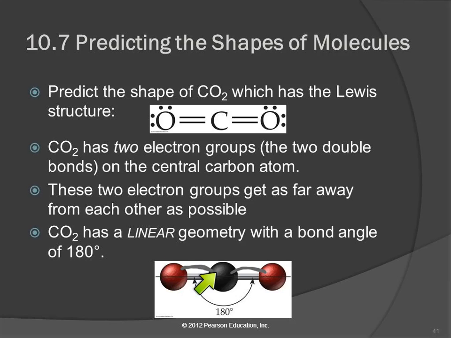So we have one group here, and we have one group here, and they're going to get as far away from each other as possible, which is going to be on opposite sides of the central atom. One way you could think of this is that this is you and this is your ex-significant other who just turned out to be a real loser and you hate them, right?